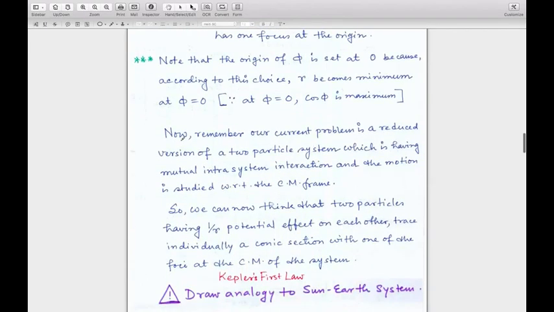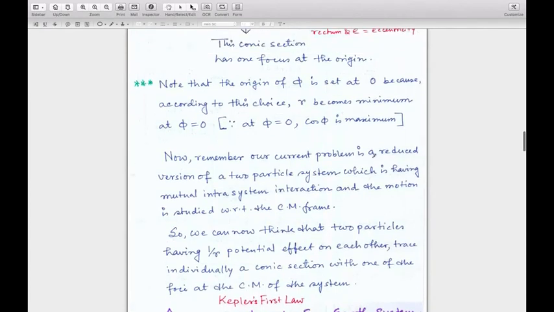Okay. So now remember that our current problem is nothing but a reduced version of a two-particle system having mutual intrasystem interaction, and the motion is studied with respect to the CM frame.